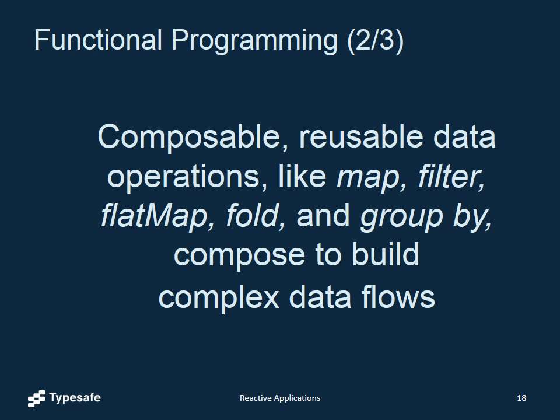And some of those examples are actually these little composable, reusable data operations that I've alluded to already, like being able to map over a set of values and transform them in some way, to filter out for just the things I want. Flat map is an extension of mapping. Folding, the analog would be like summing up a list of integers where I'm folding them together.